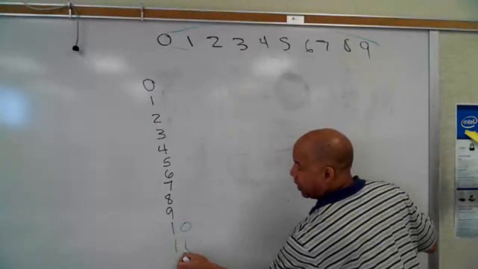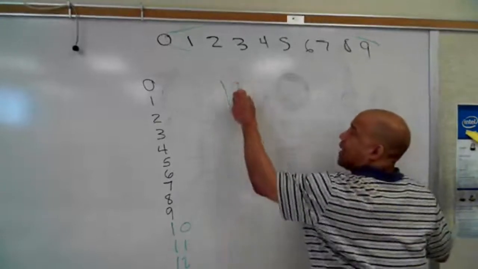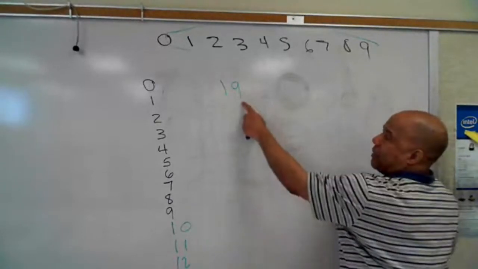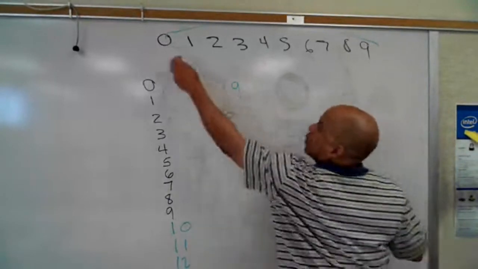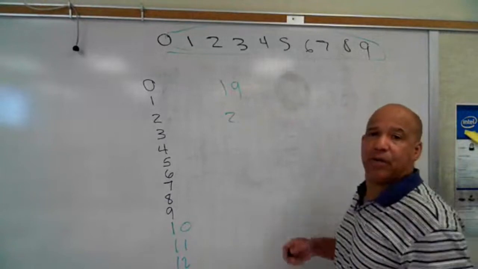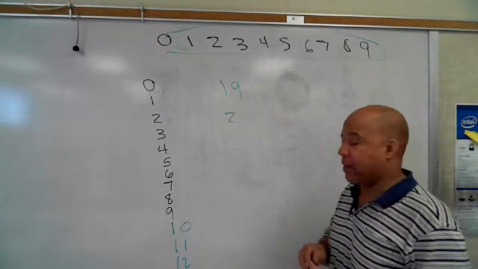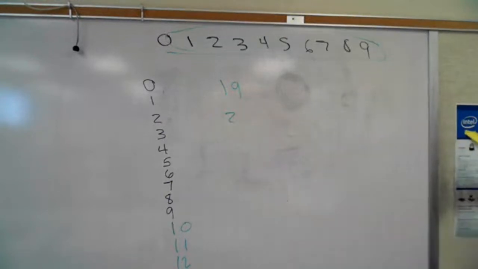I'll go 1, 0, 1, 1, 1, 2, 1, 3, all the way up to 1, 9. And when I'm out of digits here, then I'll change this one to a 2. And all I do is repeat the 0 through 9 digits. That's all I do. In any number system, it's the same way. I'll show you that here in just a second.